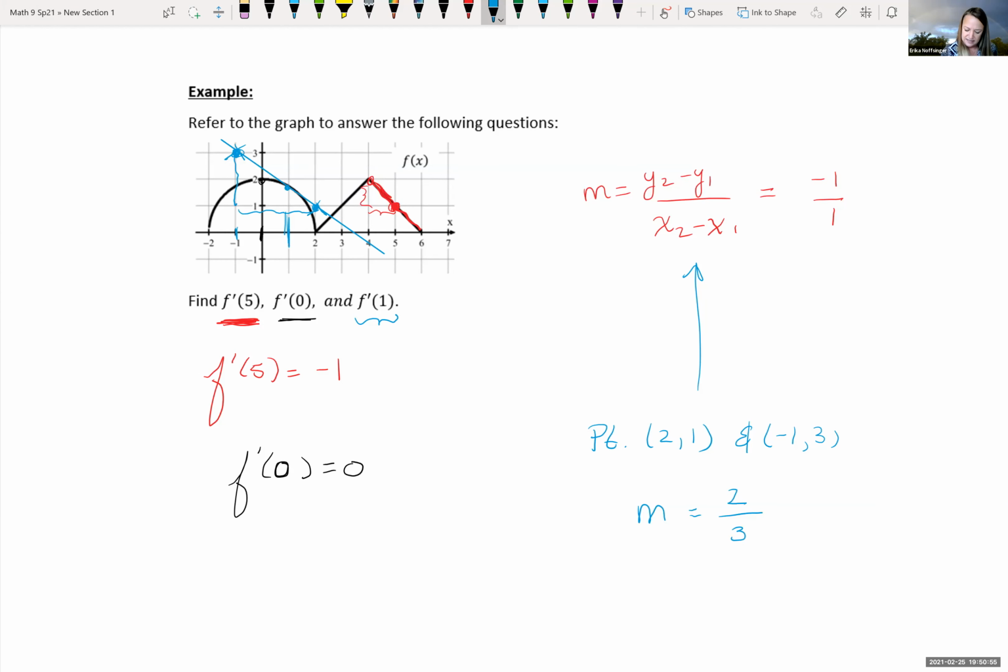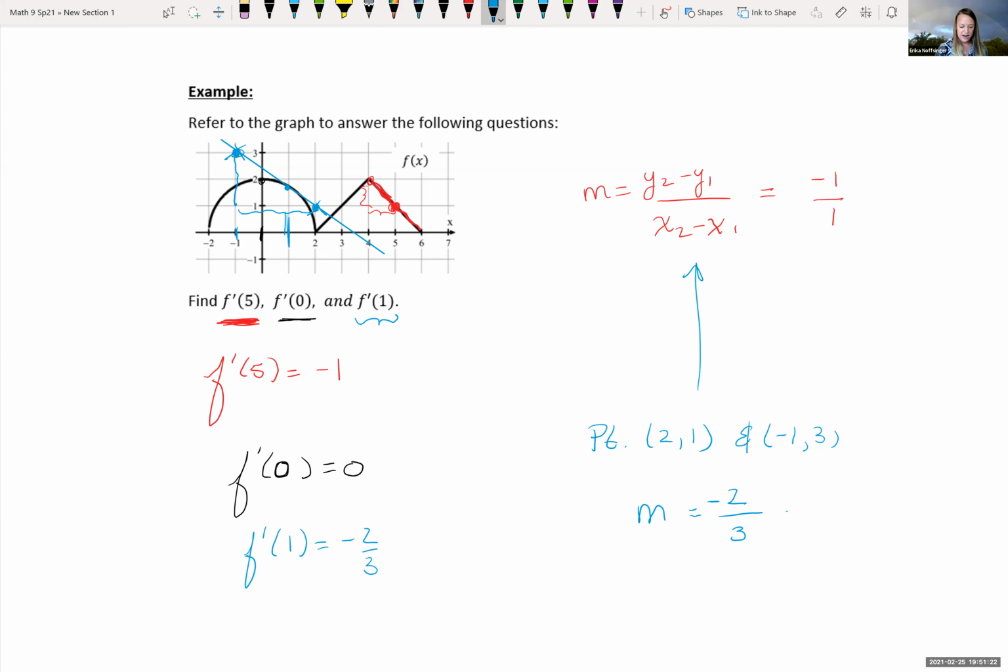If I had done -1 minus 2, oops, I'm sorry, one of them was falling, so that should have been -2. If I had done this, it would have been -1 minus 2, which is -3. So I get -2/3. So f prime of 1 is equal to -2/3.